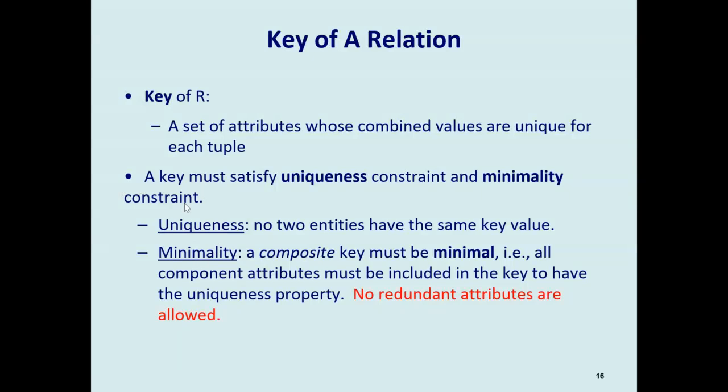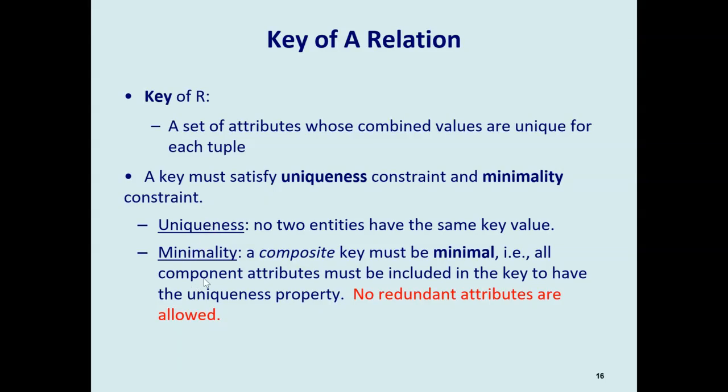I think we also discussed this in the assessment test. We have questions on both a key and a super key. Once again, the definition of a key is more restricted: a key must be unique, and a key must be minimal. You need to remember these two constraints on the key.